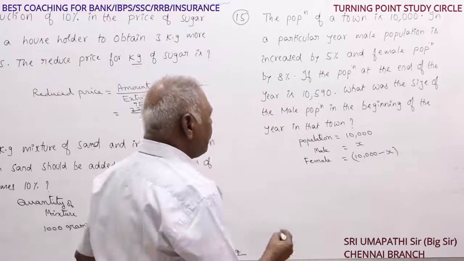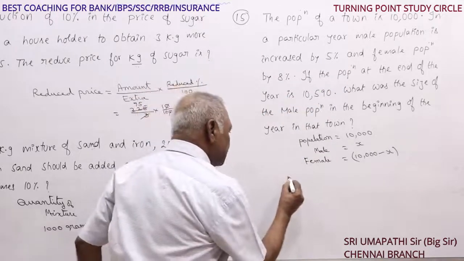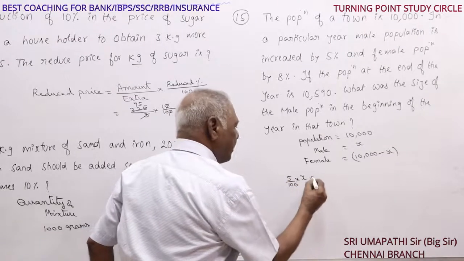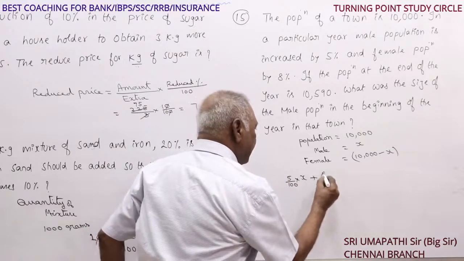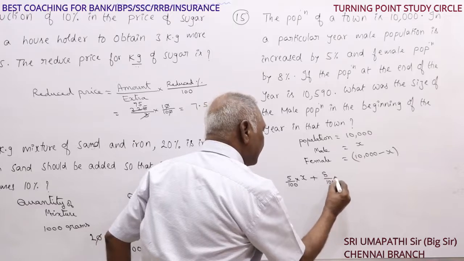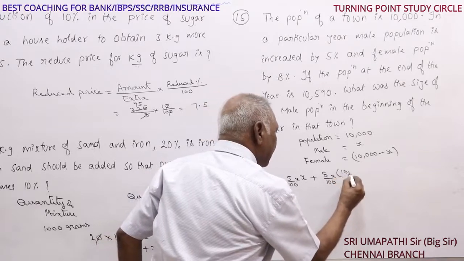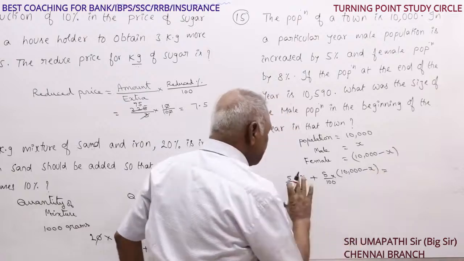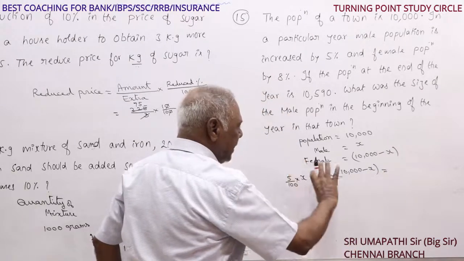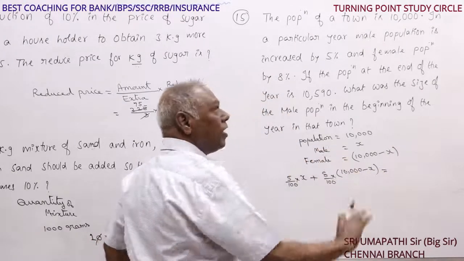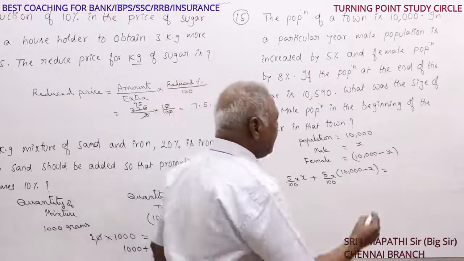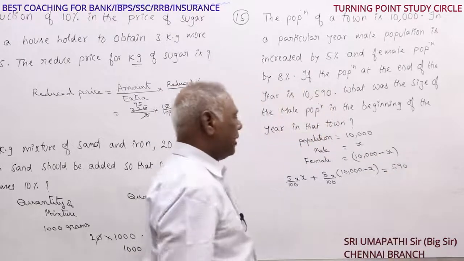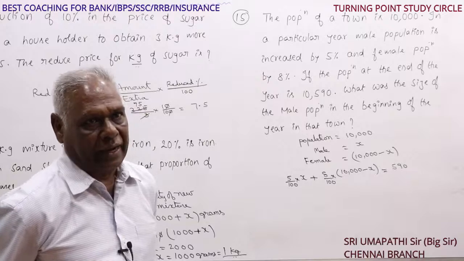So it is 5% of x, that is 5 by 100 of x, plus 8 by 100 of 10,000 minus x. It is 5% increase in males, 8% increase in females. Overall increase is 590. It must be equal to 590. Equate and find what is required.